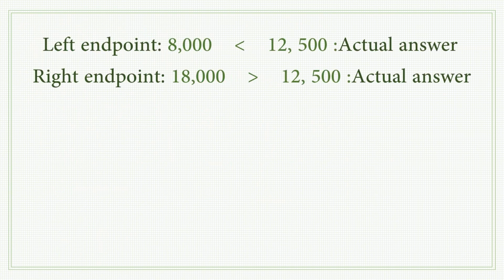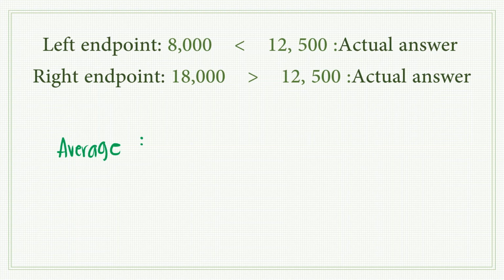The left endpoint, which is 8000, is much less than the actual answer, and the right endpoint with 18,000 is much higher than the actual answer. But if we average both of the left and right endpoints, we can get a good approximation for the area under the curve.